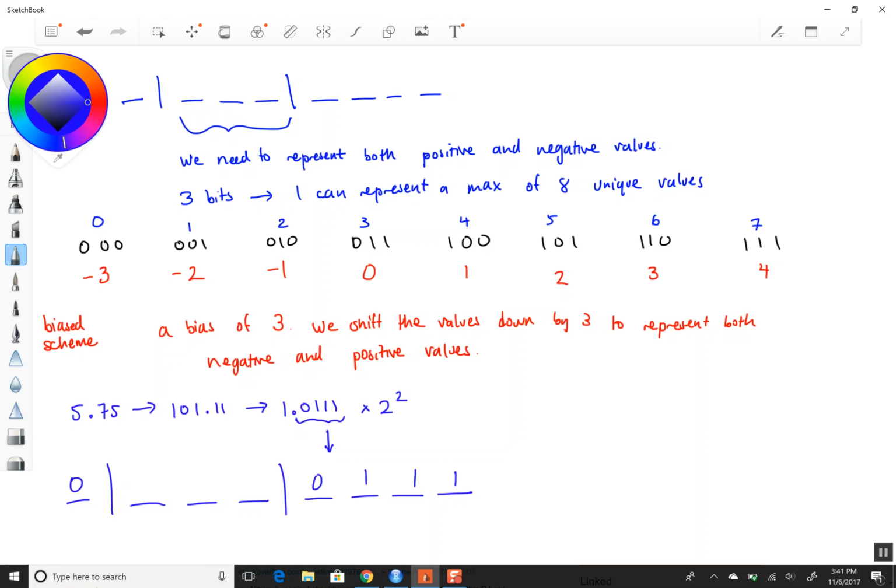And then this 2 in the biased scheme is represented with a 101.